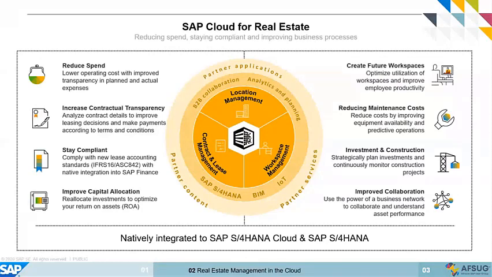It's not a dream; we have worked on and continuously work on making that a reality for businesses today. It's a powerful tool that helps businesses reduce workspace spend by providing transparency between actual and planned expenses. The solution is also natively integrated with SAP S/4HANA, which provides you with real-time updates and synchronization.